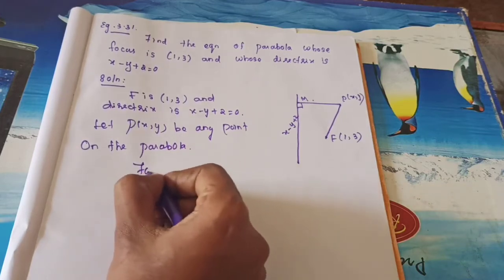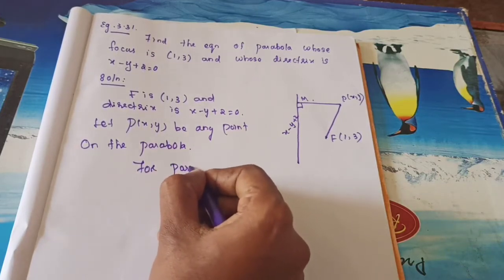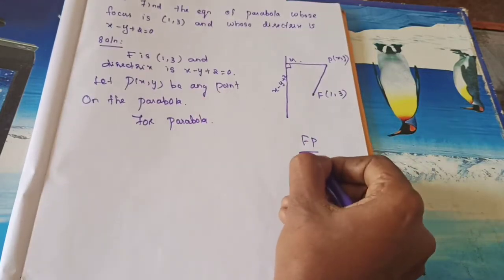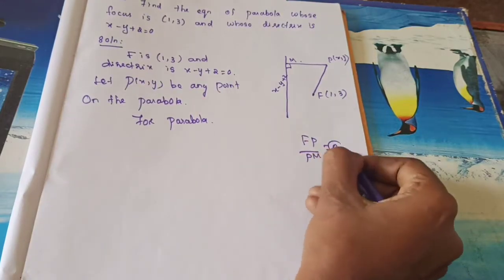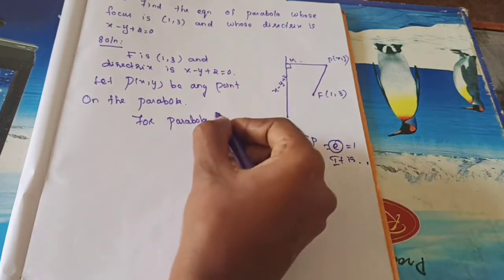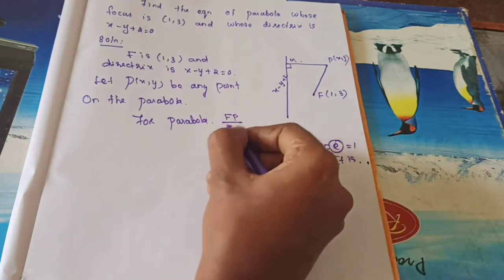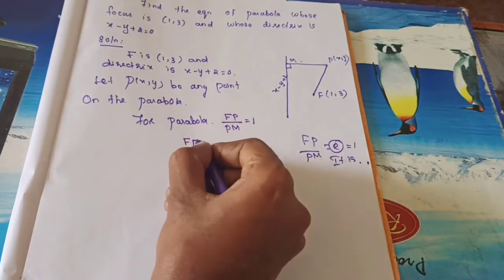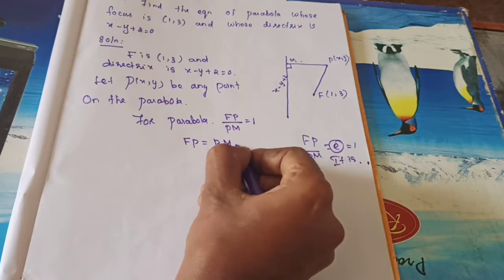So for a parabola, what we have learned: FP by PM equals e, but e value equal to 1 means it is a parabola. Correct or wrong? Yes. So for a parabola, FP by PM is equal to how much? 1. So from this, cross multiplying, FP equals PM.